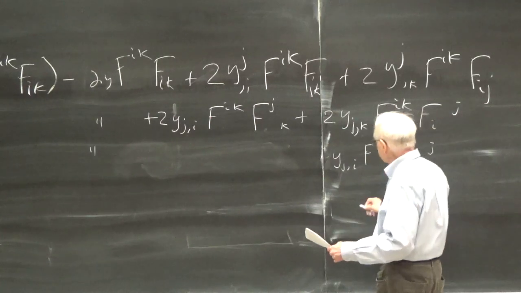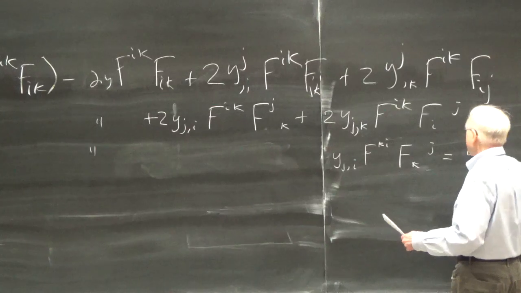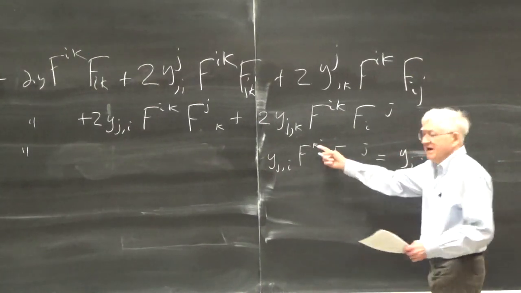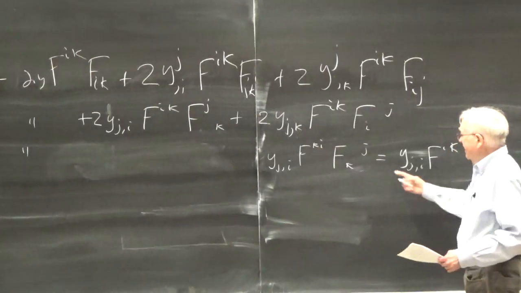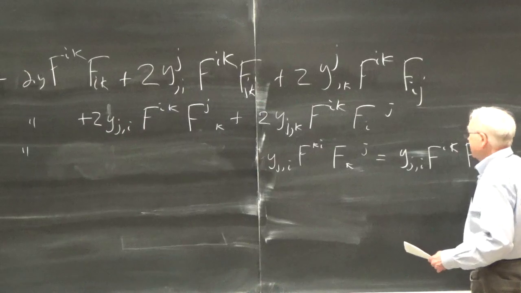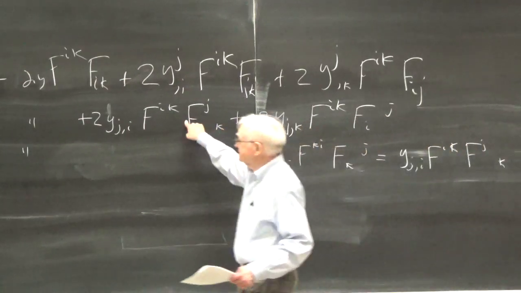now what you can do is you can say, well, that's the same thing as y_{j,i}. You have a minus sign if you turn it to ik here. And then if you interchange these two, you get another minus sign. But this is the same thing as that.